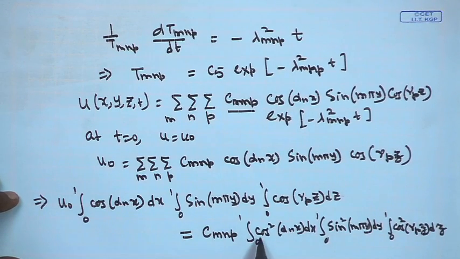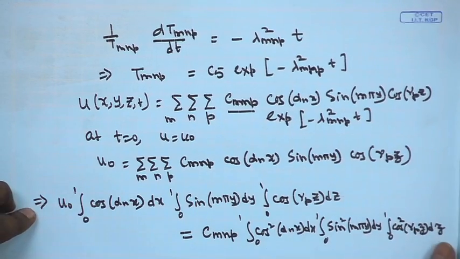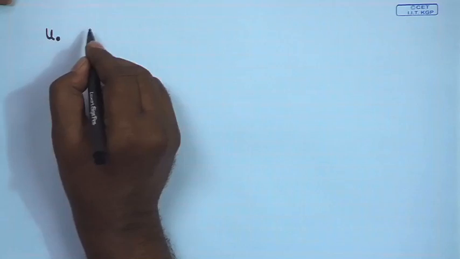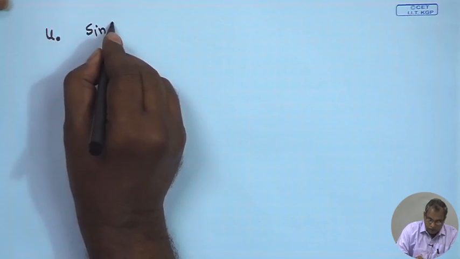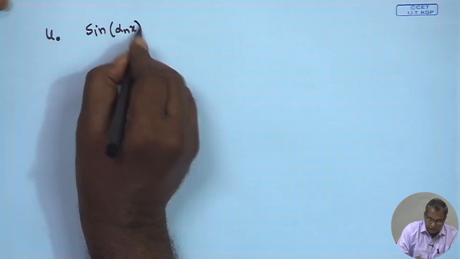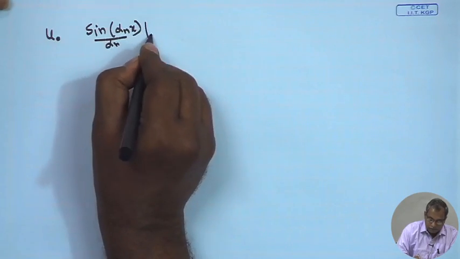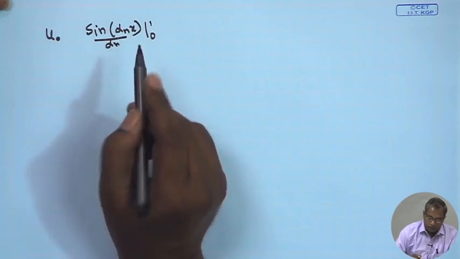And we have seen that all of these integrals will be nothing but assuming the value of half. So, if you do that, then you will be getting u naught times sin alpha n x by alpha n from 0 to 1, sin 0 is 0. So, only one term will survive.